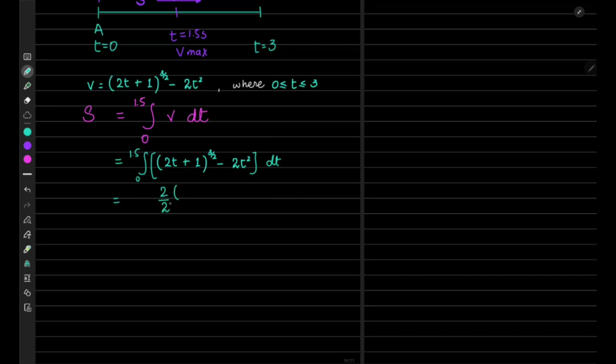So we are multiplying and dividing by 2. So one thing that we can do is take 1/2 outside and keep 2 inside, to the power 3/2, minus. Instead of distributing the integral, it is better if you keep the integral as one and just write it separately. Minus 2t squared.